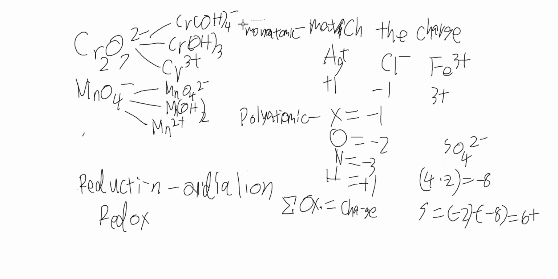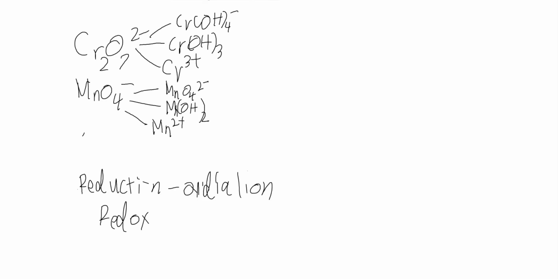So now let's get to the actual meat and potatoes of this. Okay? So now we're going to cover redox reactions. Redox reactions are essentially reactions where if A plus B turns into C plus D, then A has lost electrons and B has gained electrons.